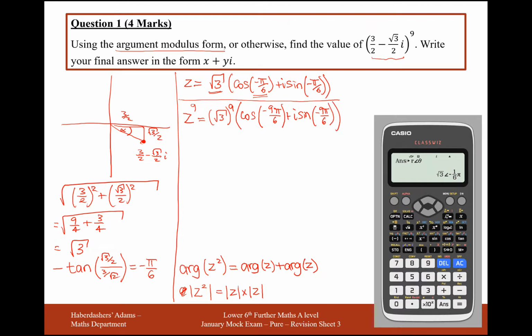Okay, so we don't generally write this minus 9 pi by 6 as an argument here. We usually have our arguments in between minus pi to pi. So what we'd have here is if it's a minus, it's going around clockwise from the positive real axis.